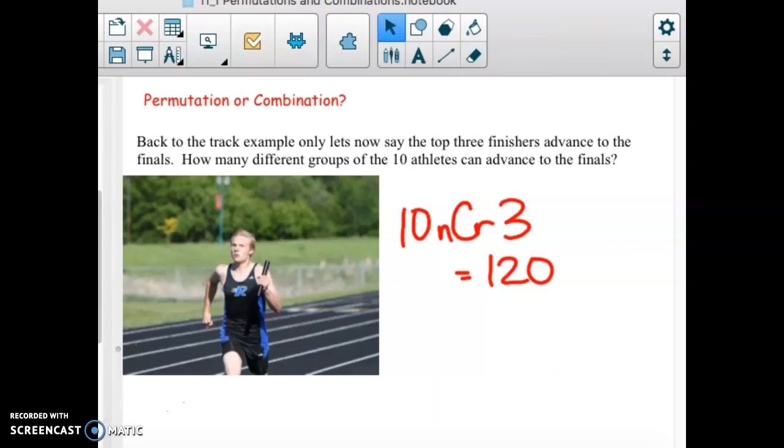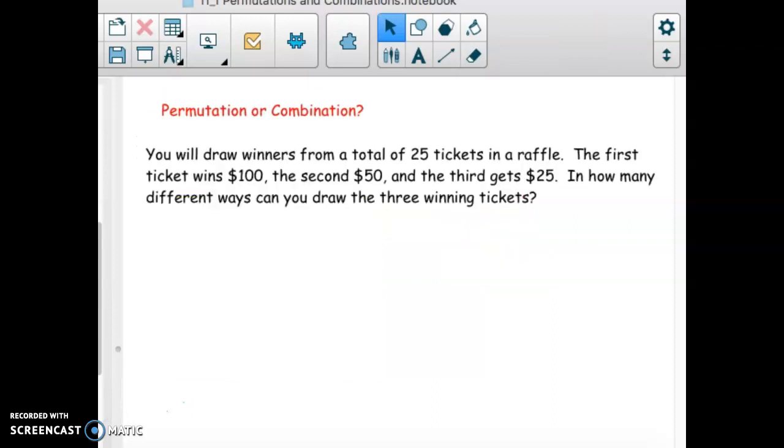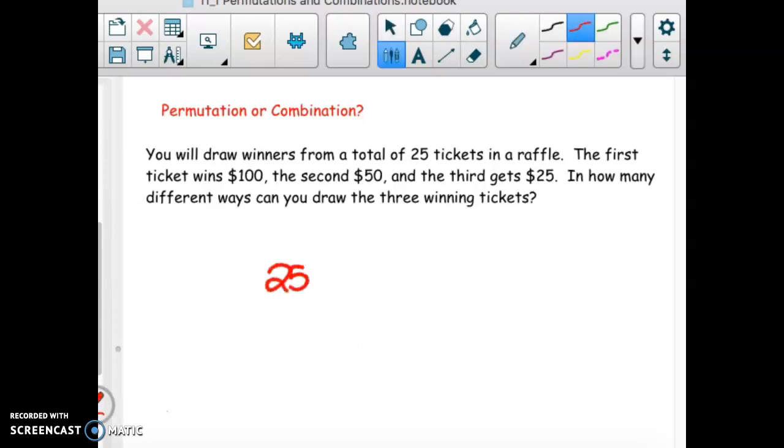So you want to think about when order matters or not. Each word problem is going to be slightly different, right? If we're drawing 25 tickets in a raffle, the first ticket wins a certain amount, second, third. Well, so then order matters, right? Because you want to win the $100, definitely. So a total of 25, the larger number always comes first.